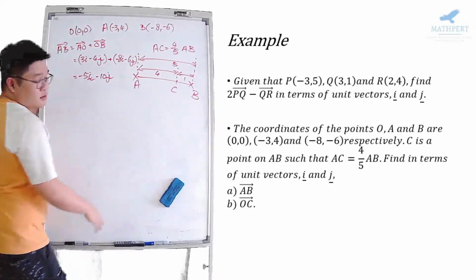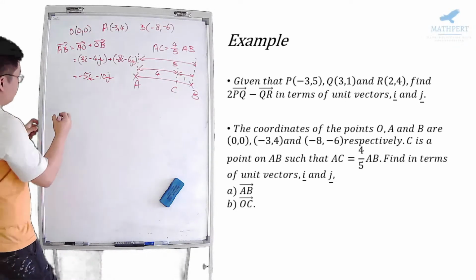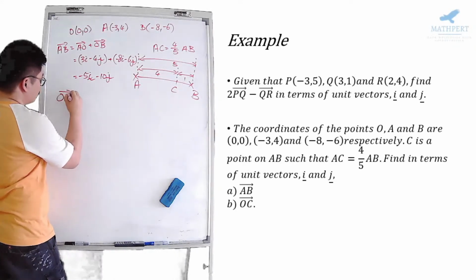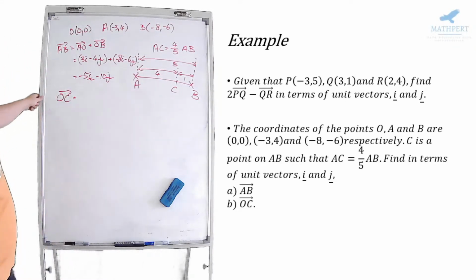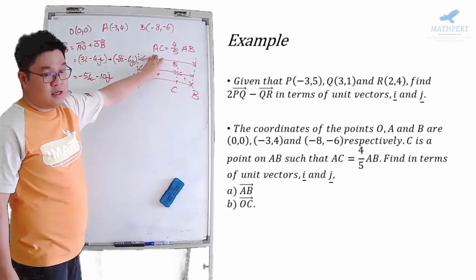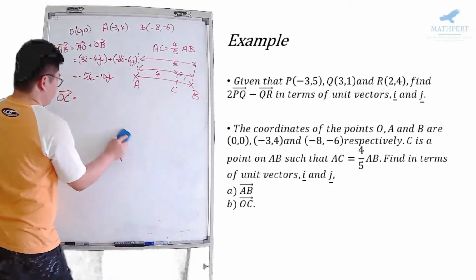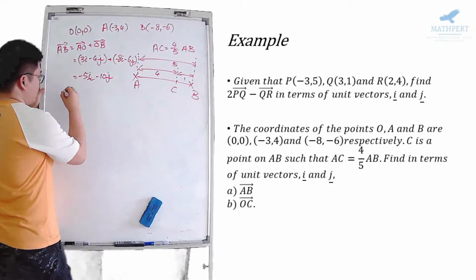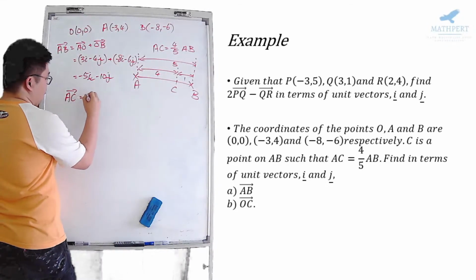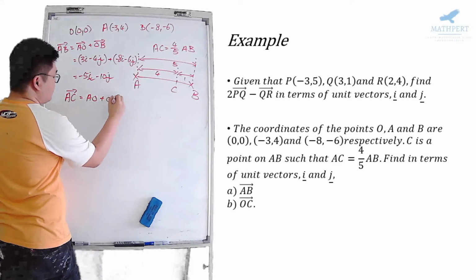Next one, OC. How do I get OC? Let's use AC. AC is equal to AO plus OC.